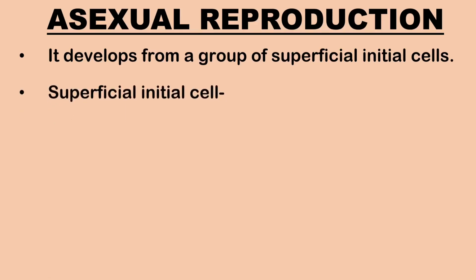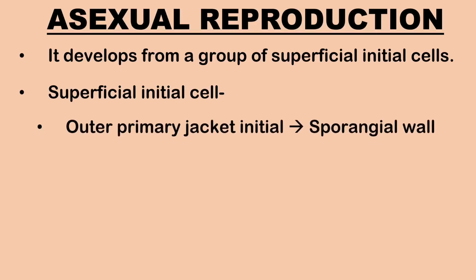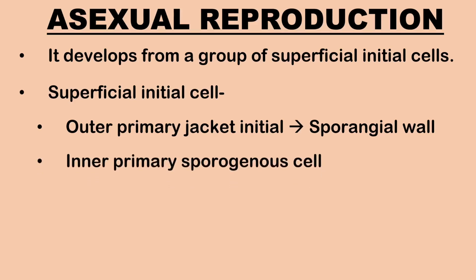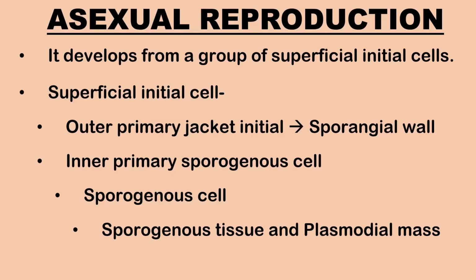Each initial cell undergoes division to form an outer primary jacket initial, which undergoes several divisions and forms a 4 to 5 layered thick sporangial wall except along a line of dehiscence, and an inner primary sporogenous cell or primary archesporial cell which divides and forms a mass of sporogenous cells that differentiate into sporogenous tissue.